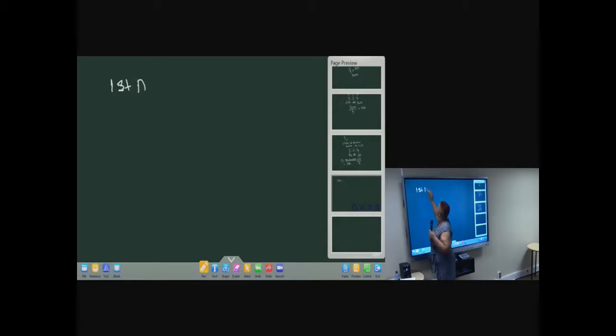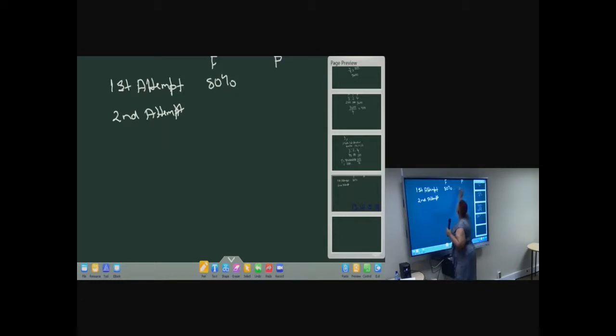It was first attempt, and then second attempt, and then failure rate and pass rate. On the first attempt, we had 80% and 20%. On the second attempt, it was 70% and 30%.